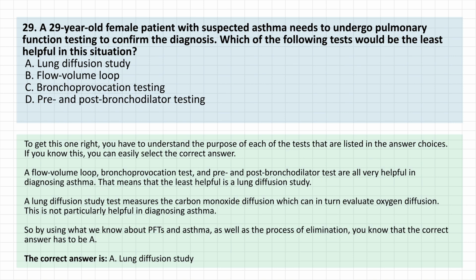That means that the least helpful is a lung diffusion study. A lung diffusion study test measures the carbon monoxide diffusion, which can in turn evaluate oxygen diffusion. This is not particularly helpful in diagnosing asthma. So, by using what we know about PFTs and asthma, as well as the process of elimination, you know that the correct answer has to be A. Lung diffusion study.